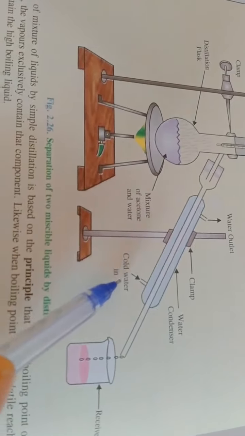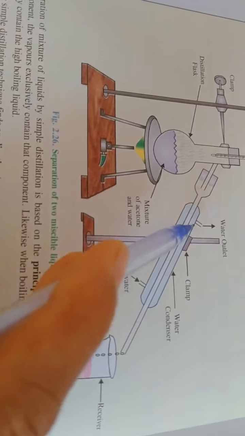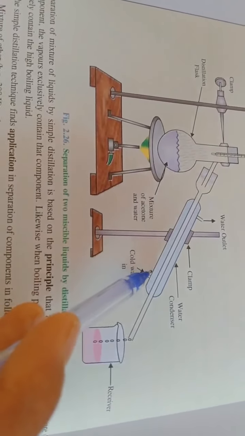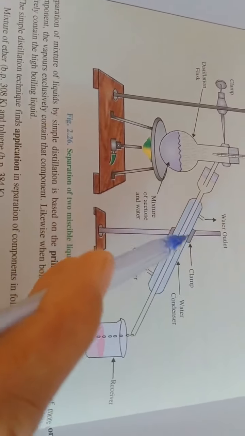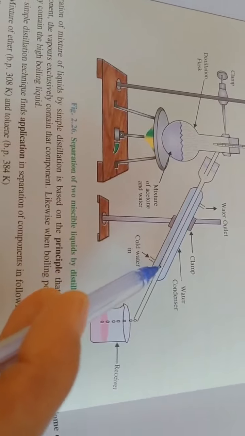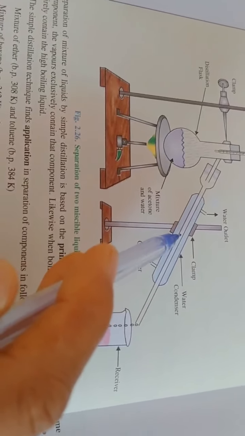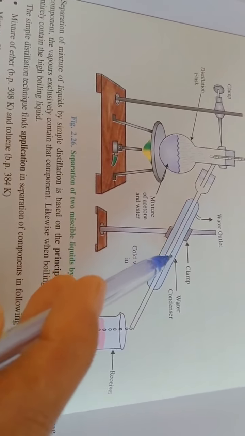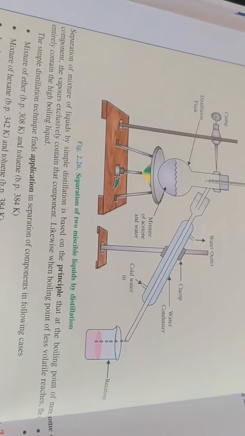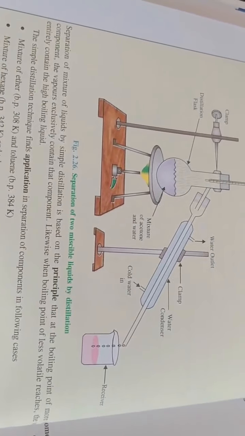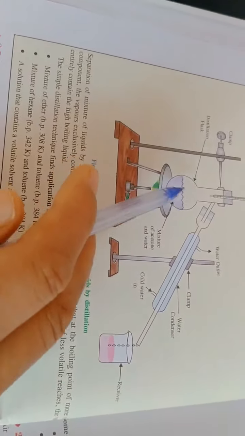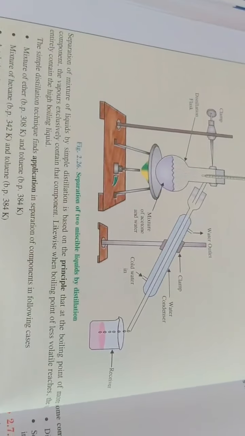Here cold water is going inside and hot water is coming outside. It is a continuous process. You pass on cold water and from here hot water comes out. So what does this condenser do? The vapors of acetone and any of the liquid that are moving here, it will condense them. And as the boiling point of acetone is lesser, we will get acetone first and the second component will remain in the round bottom flask.